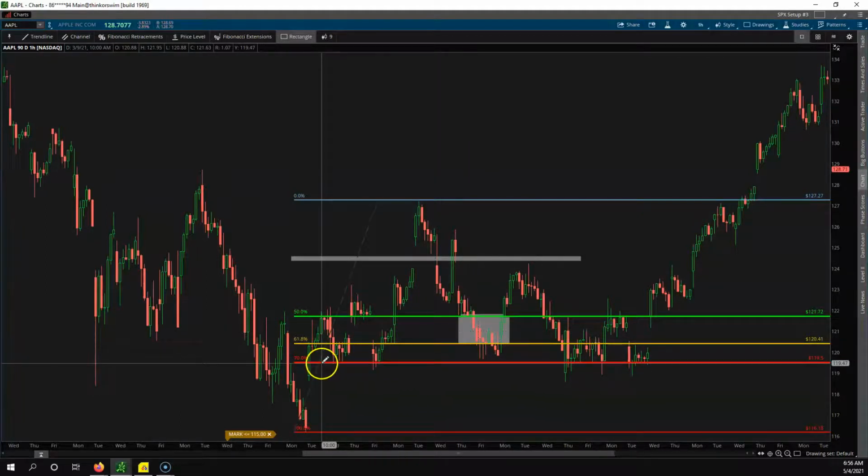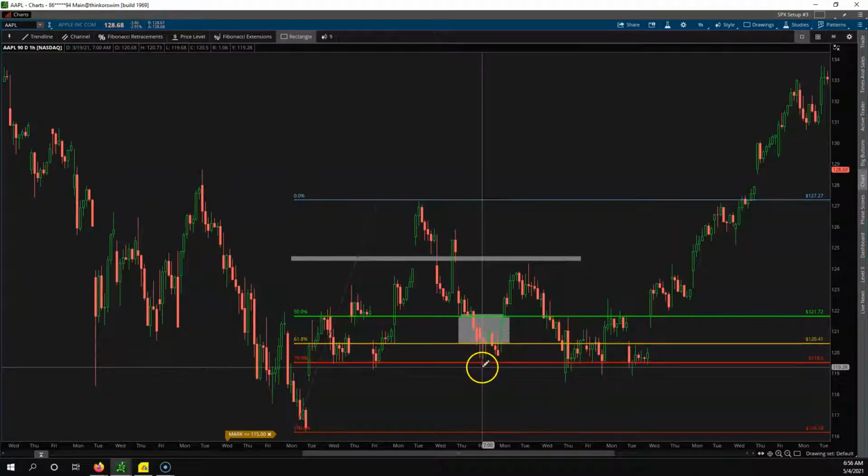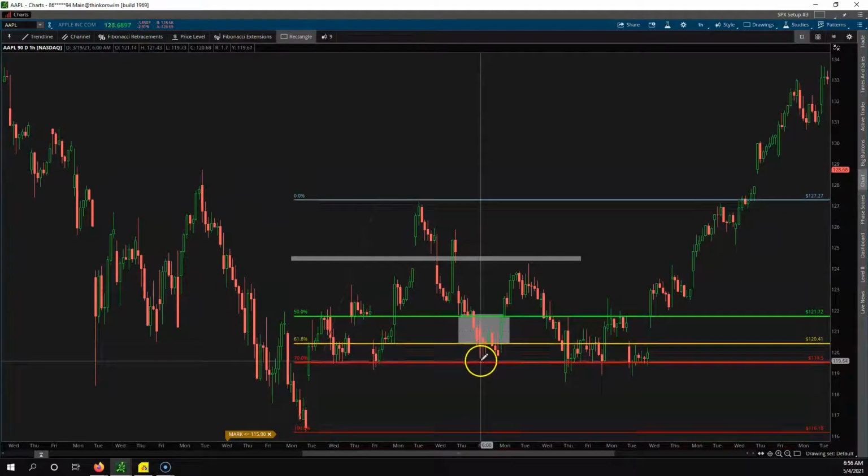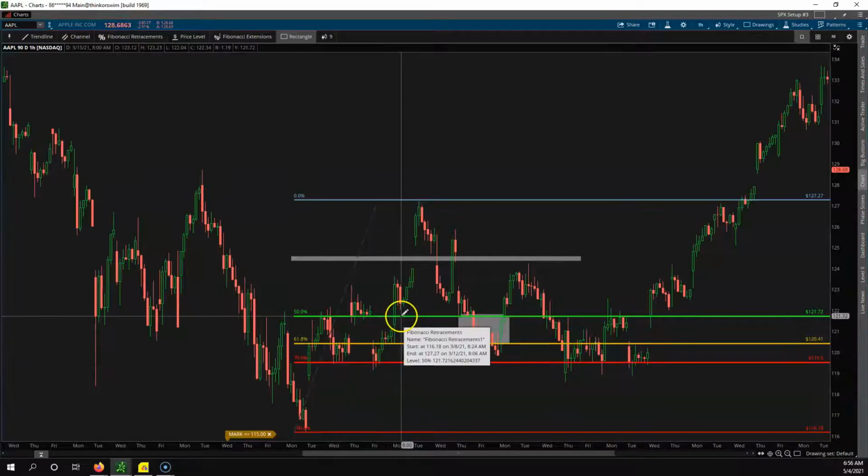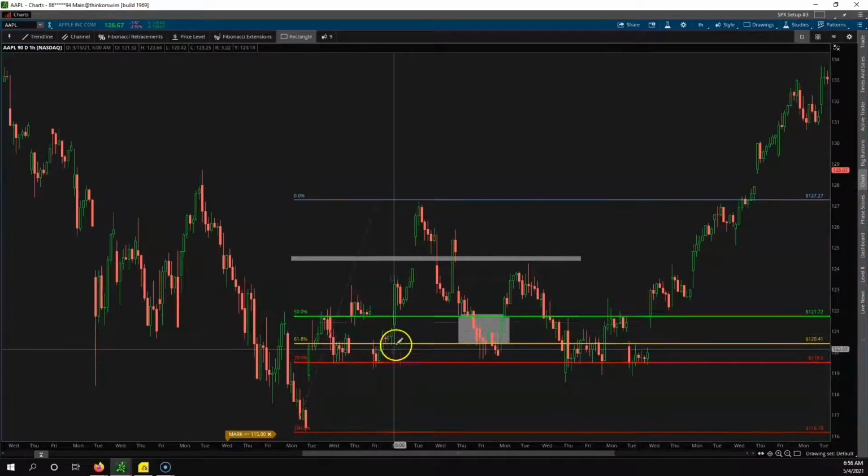But if we break and we close one bar, it's not so much a wick, but more of a close below that 70, because sometimes you'll get a couple of wicks like this, and then a rally. So you never actually would have gotten stopped out. But here you would say, let me enter here.